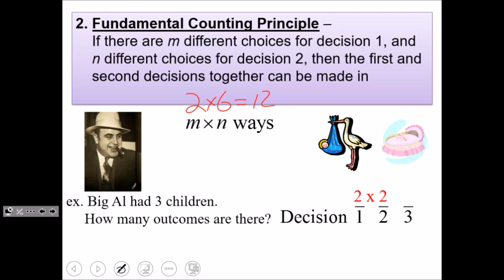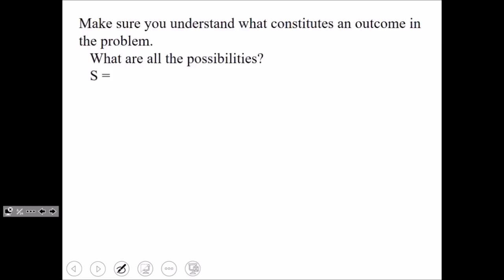Again, keeping it simple, male or female. Now my last choice, so another multiplication. I had 3 decisions, so I'm going to multiply all 3 numbers. 2 times 2 times 2, I have 8 possible outcomes. Okay, so that's our fundamental counting principle. Every time I'm given a decision, that's another number I'm going to have to multiply by.